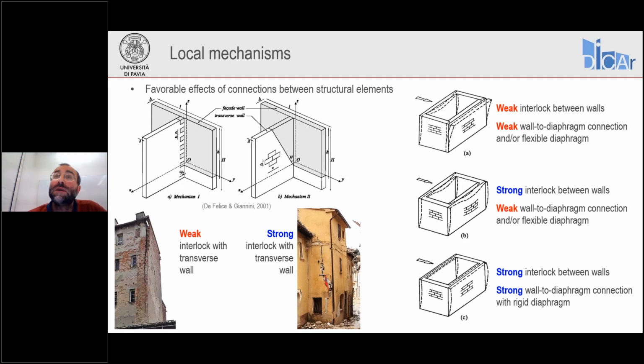Instead, if we are able to improve the connection between intersecting walls and the connections and stiffness of floor diaphragms, we may be in the most desirable case, where we develop a so-called box type behavior for the building, as in the bottom case on the right-hand side of the slide. This is the situation that we would like ideally to have.